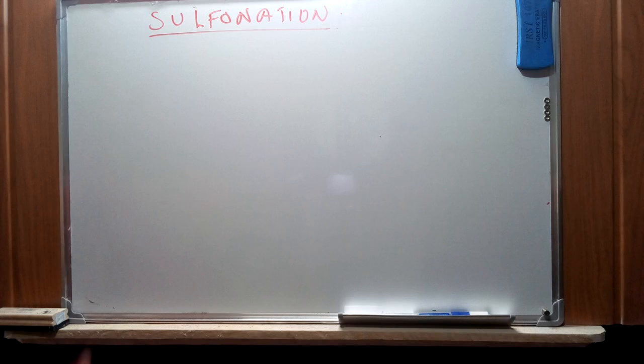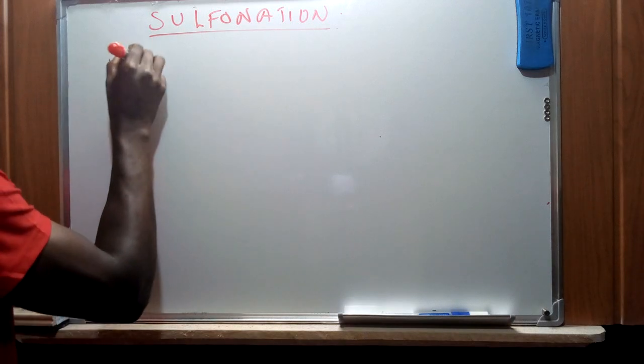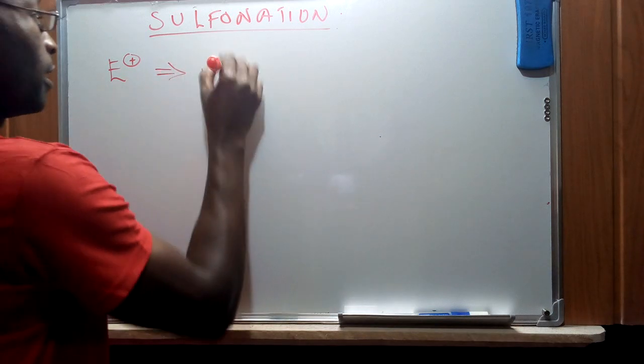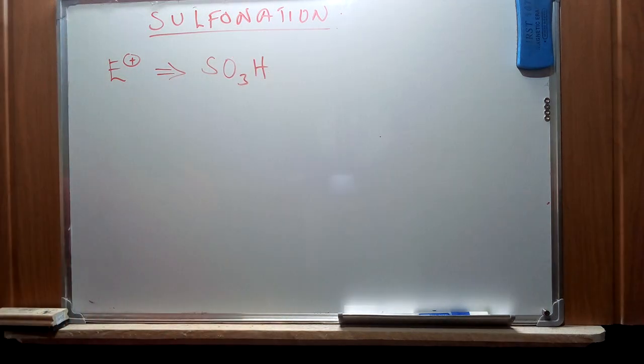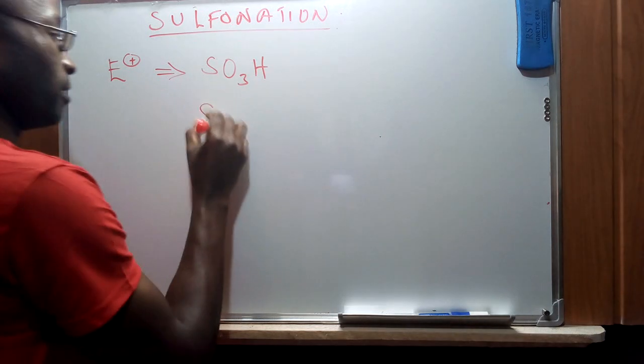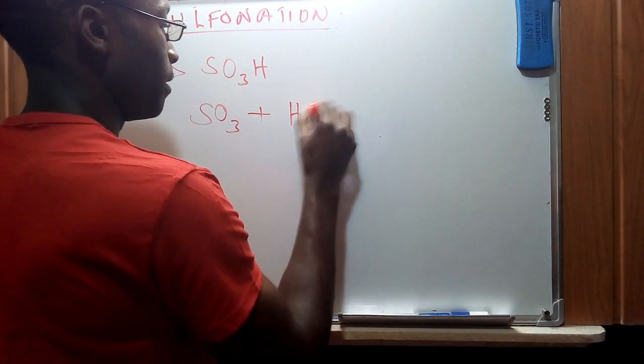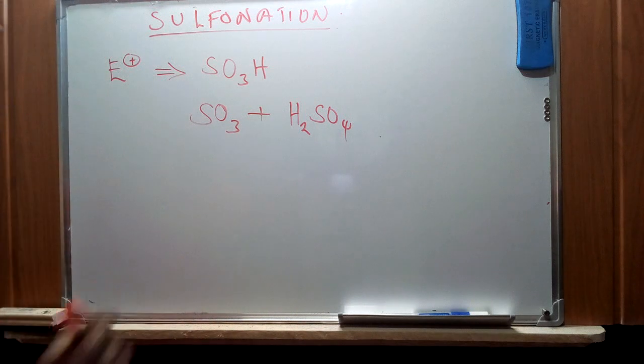Our electrophile for this reaction, which we said we would simplify and just use a symbol to indicate, is derived from the reaction of sulfur trioxide and a catalyst, sulfuric acid, to give us this particular kind of electrophile.